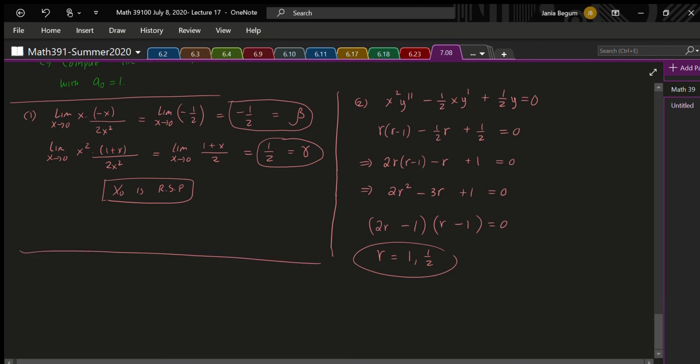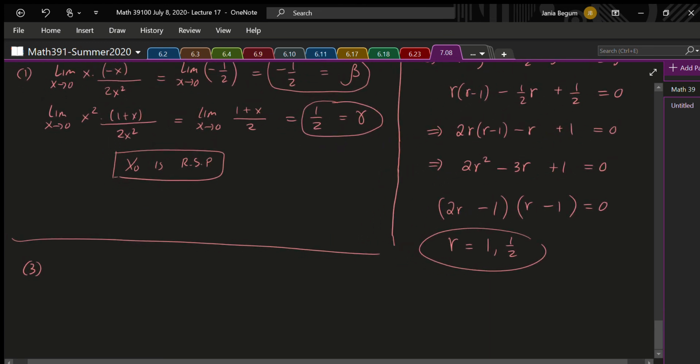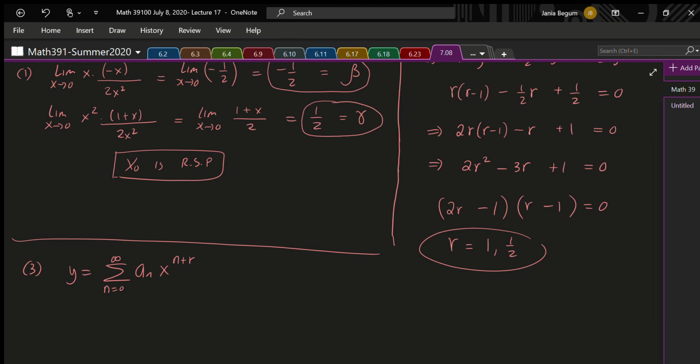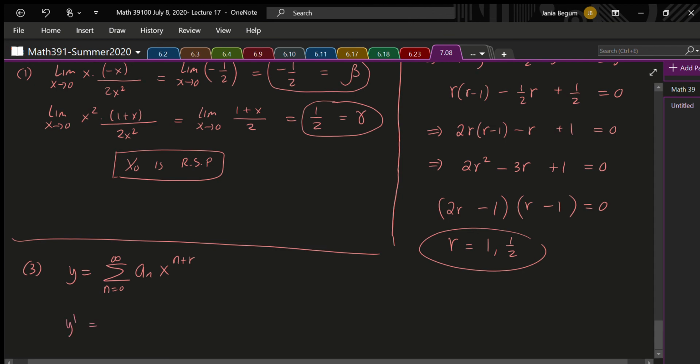We said that for a regular singular point, our solution will have the form y equals the infinite sum, n equals 0 to infinity, a_n x to the n plus r. That's how the solution looks near a regular singular point. Now compute its first derivative: y prime is the sum n equals 0 to infinity of n plus r times a_n x to the n plus r minus 1.